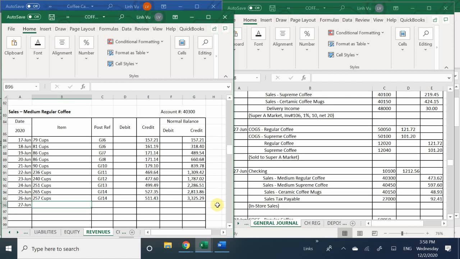We had 238 cups. General journal 15, this is general journal 15. And it was again for $473.62.